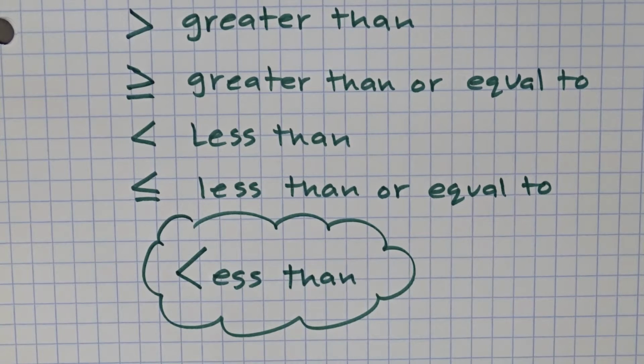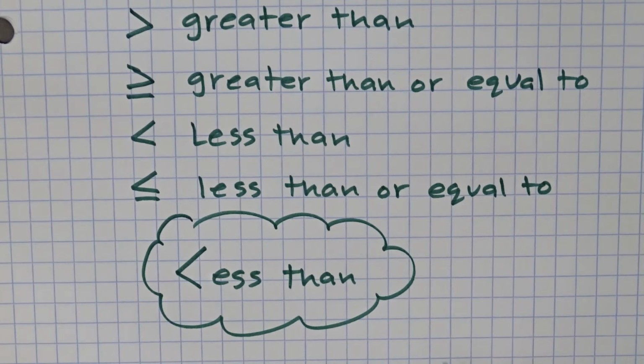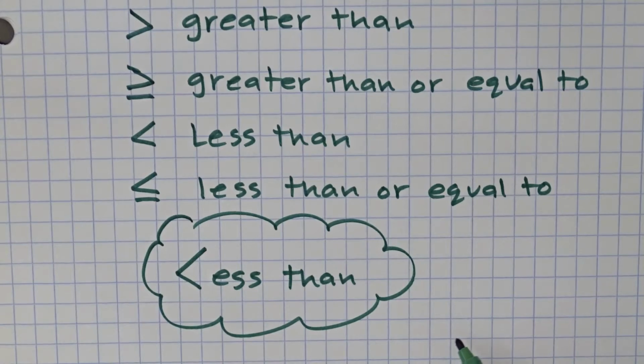So if the symbol looks like you can make it into an L and complete the word less than, it's the less than symbol. And the other one kind of looks like an italicized L maybe sometimes. And the other one is obviously the greater than symbol if it doesn't resemble an L. So there you go. Let's look at the first example.